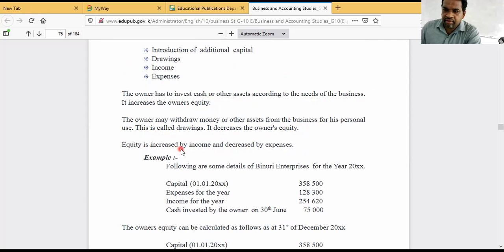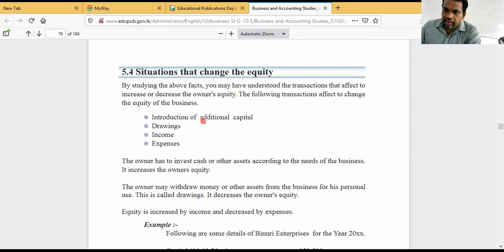If you consider again these four items, because of introduction of additional capital and income, there will be increase in equity. Because of drawings and expenses, there will be decrease in equity. Then you can easily find the closing capital. Right.